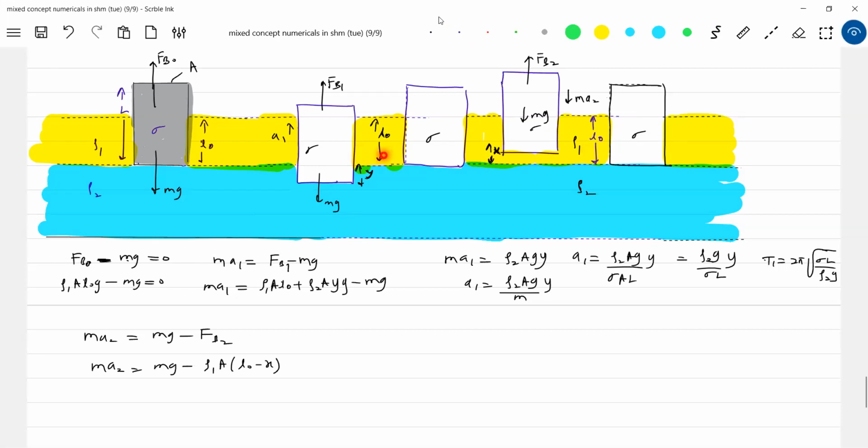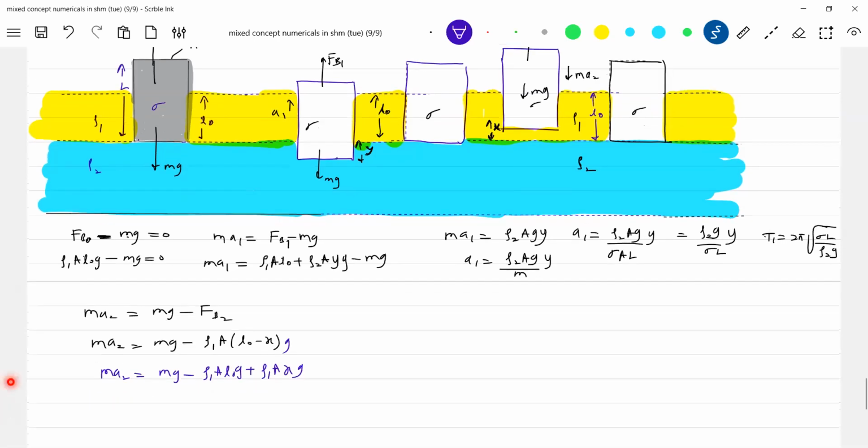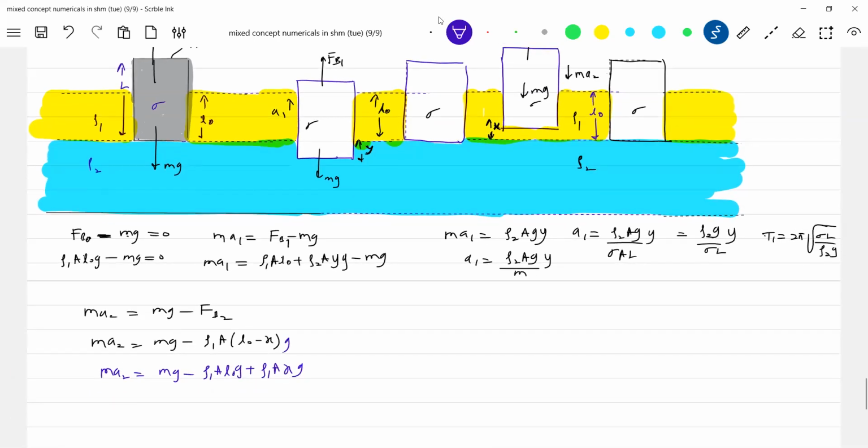The student who analyzes the situation like this can do better, otherwise gone. So therefore this will be m a2, mg. So now mg minus rho 1 A L naught g will get cancelled out. So m a2 is equal to rho 1 A g x.